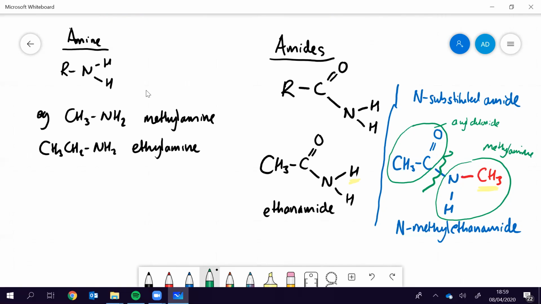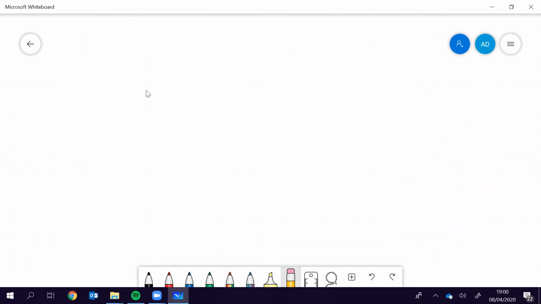Okay, so let's compare some N-substituted amides with esters and see how similar they are and how the names are fairly similar. So if I clear that, I'll draw some esters here.